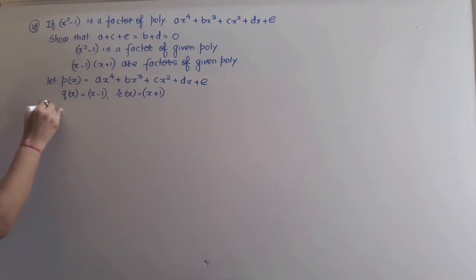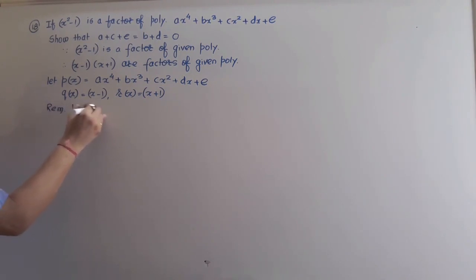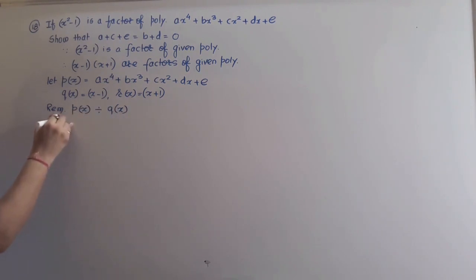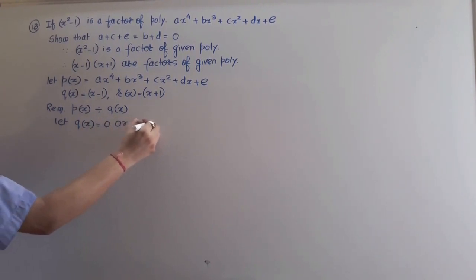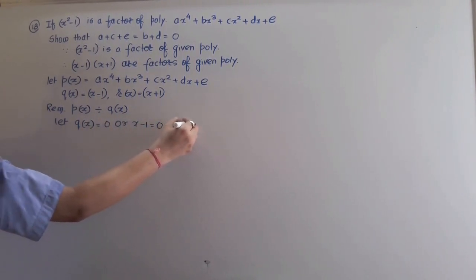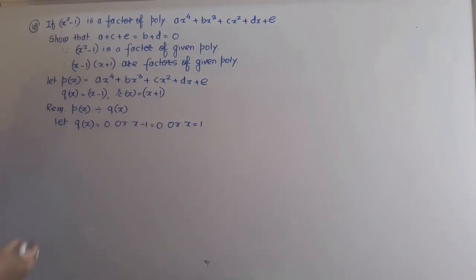First I am finding the remainder when p of x is divided by q of x. Since q of x is my divisor, q of x will be equal to 0, or I can say that x minus 1 will be equal to 0, or I can say the value of x is equal to 1. So I can say the remainder R1 will be equal to p of 1, because now the value of x equal to 1 I will keep here.